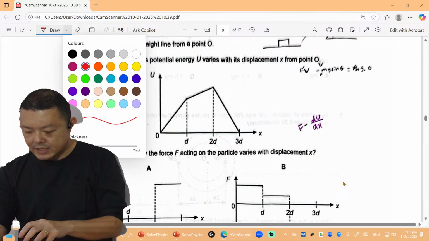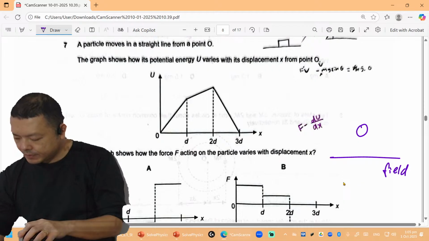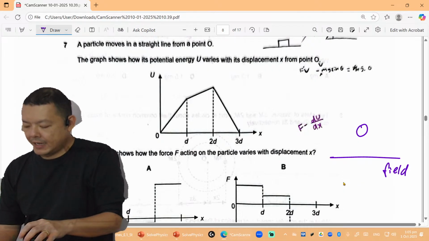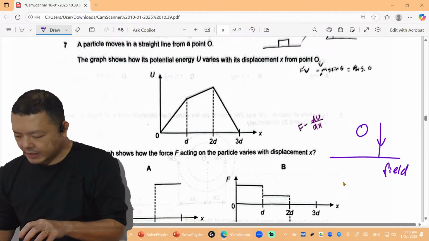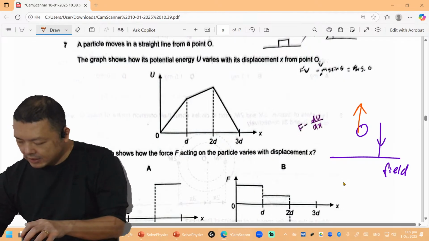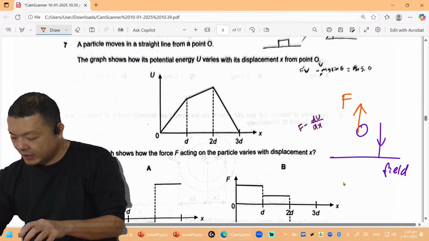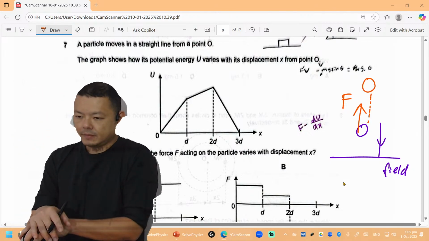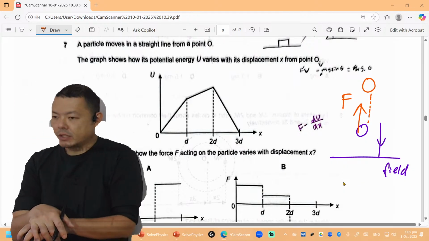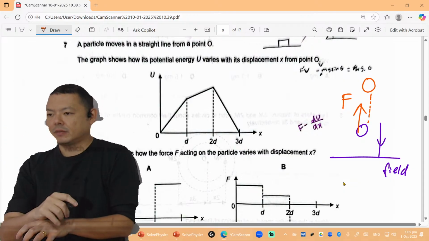There is a rule here. The rule is this: if your object is in a field, and let's say you apply a force such that it opposes the field. Let's say the field is pointing downwards like this. If you apply a force opposing the field direction, and you in fact cause it to move against the direction of the field, its potential energy will increase.